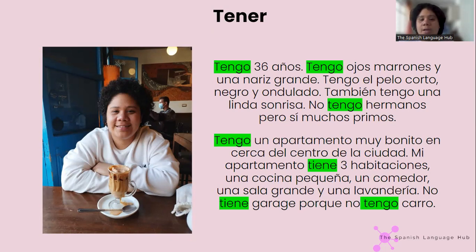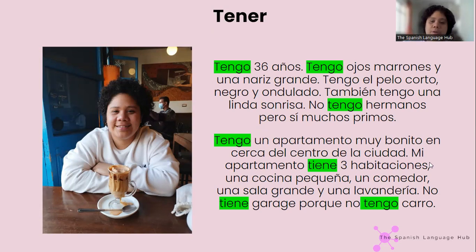I don't have any siblings, but I do have many cousins. I have an apartment, a very beautiful apartment near the center of the city. My apartment has 3 rooms, 1 small kitchen, 1 dining room, 1 big living room, 1 laundry room. I don't have a garage because I don't have a car.